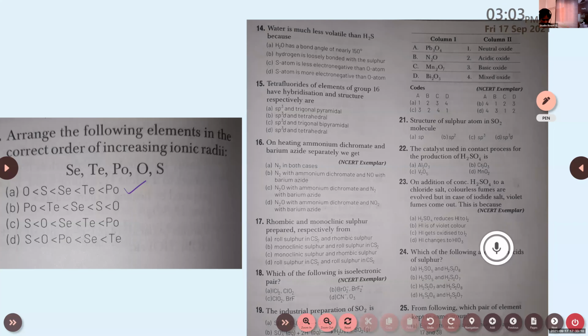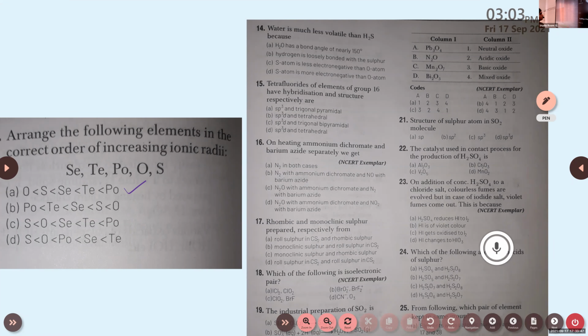So what will be the correct answer? Can you tell me the reason? Anyone?